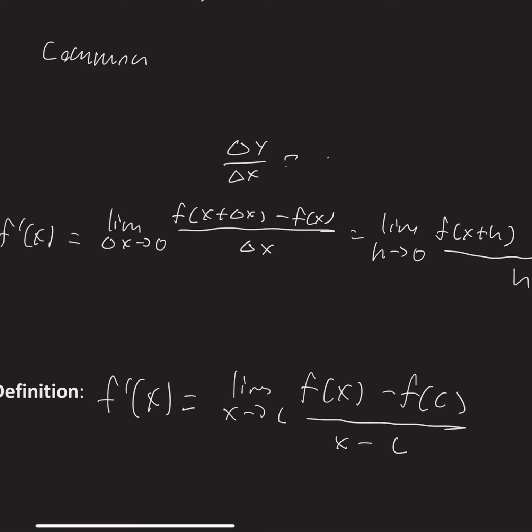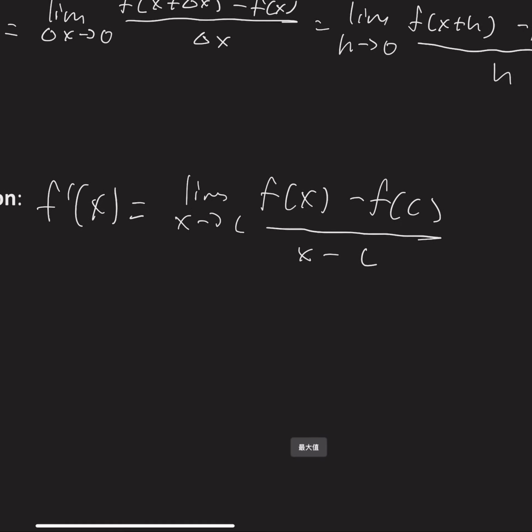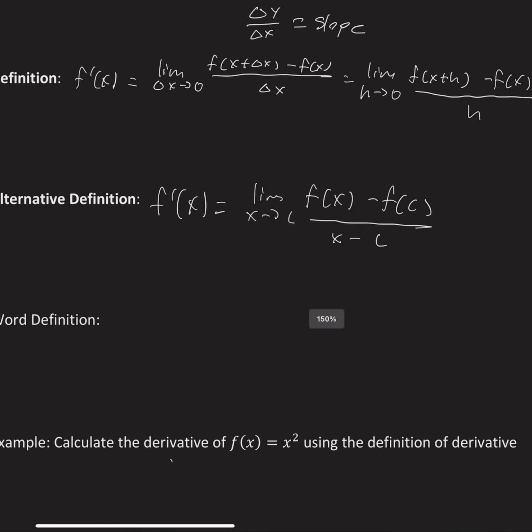So this is the slope. The first definition is basically the slope of two points, and these two points are infinitely close, and you get the slope at a point. The second definition talks about when some number x is approaching c, and we calculate the slope, and that's our slope at that point.